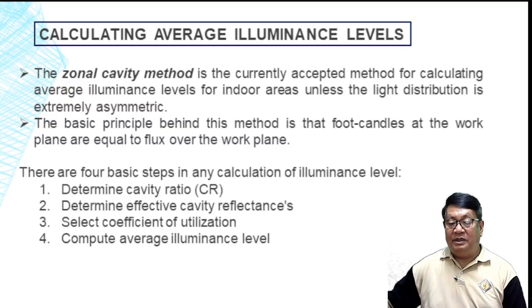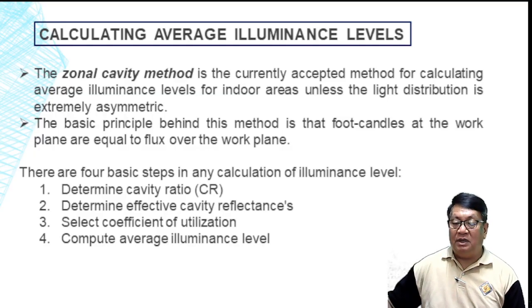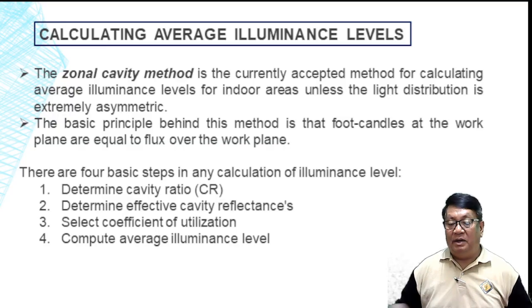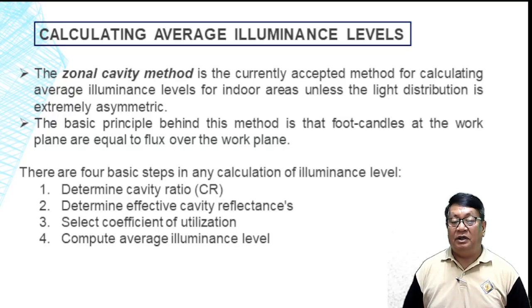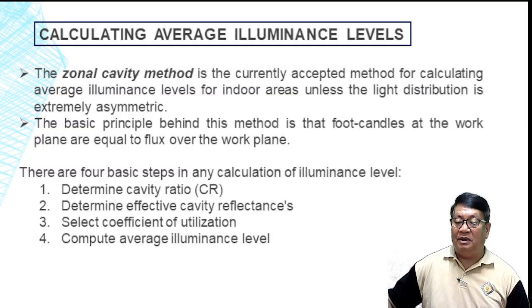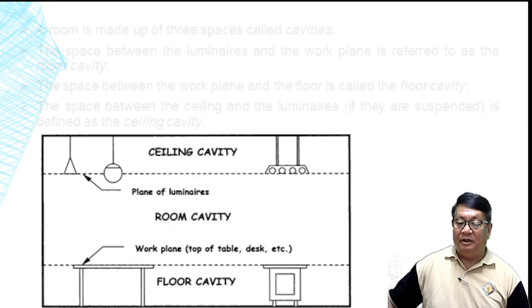Okay. There are 4 basic steps in any calculation of illumination level. So determine the cavity ratio, determine the effective cavity reflectance, select the coefficient of utilization, and compute the average illumination level. Okay?